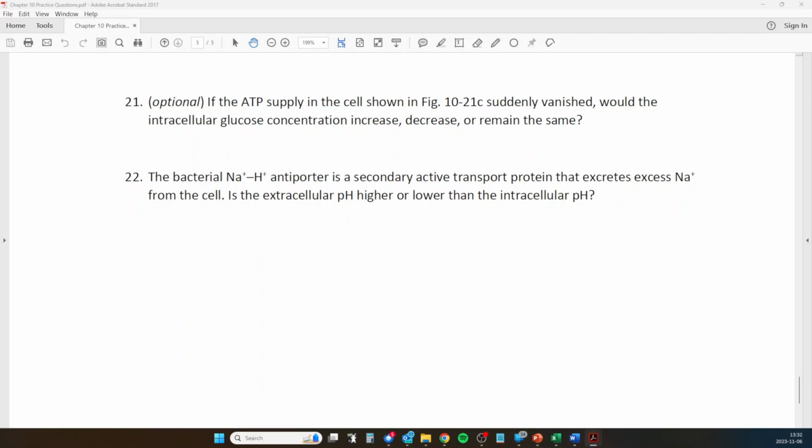There might be so many protons outside that even when the antiporter lets some of them in as it's pushing sodium out, there's still so many more protons on the outside, so you're not necessarily affecting the proton gradient. But that's also an assumption you have to make. You wouldn't necessarily know that based on this question. But in general, these questions are harder than the exam questions. Yeah. Or you'll be given more information to make it more clear on the exam.